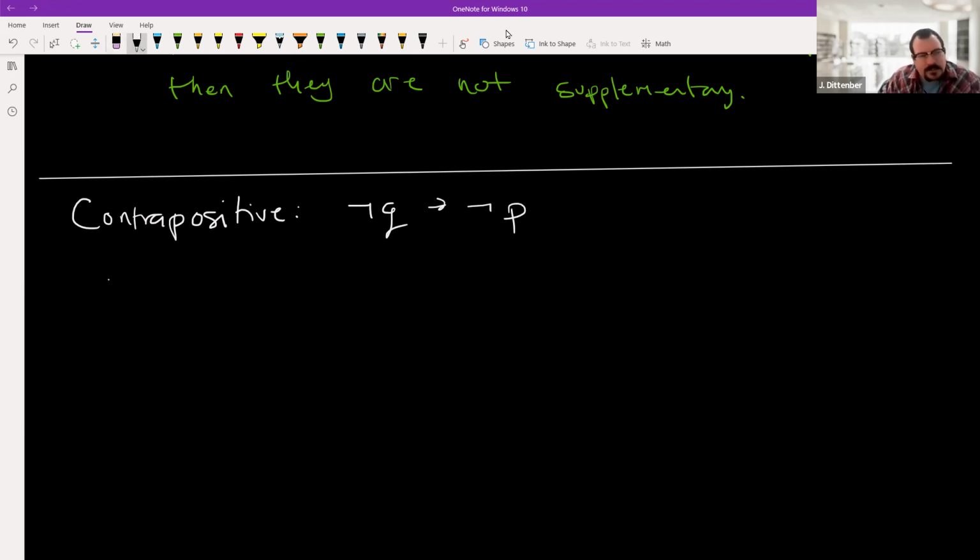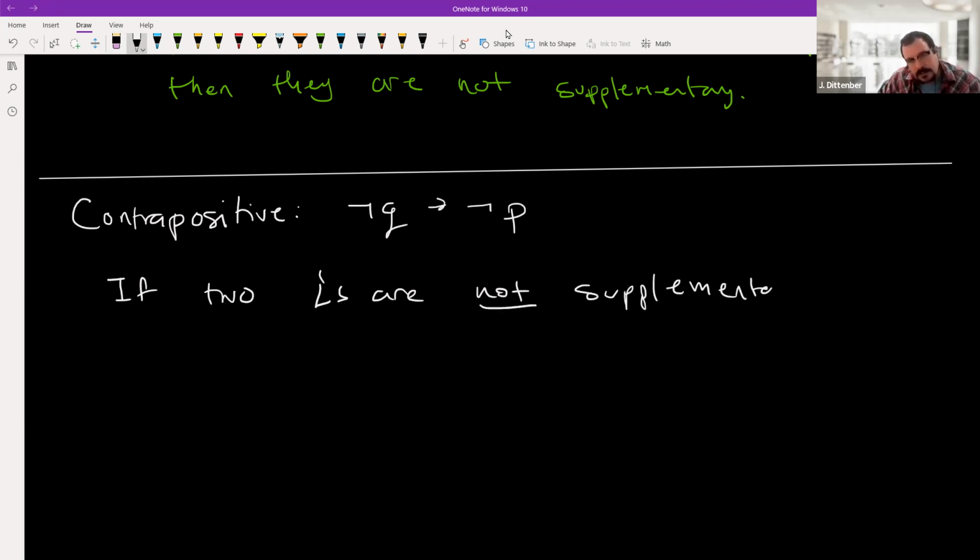If two angles are not supplementary, then they are not a linear pair.